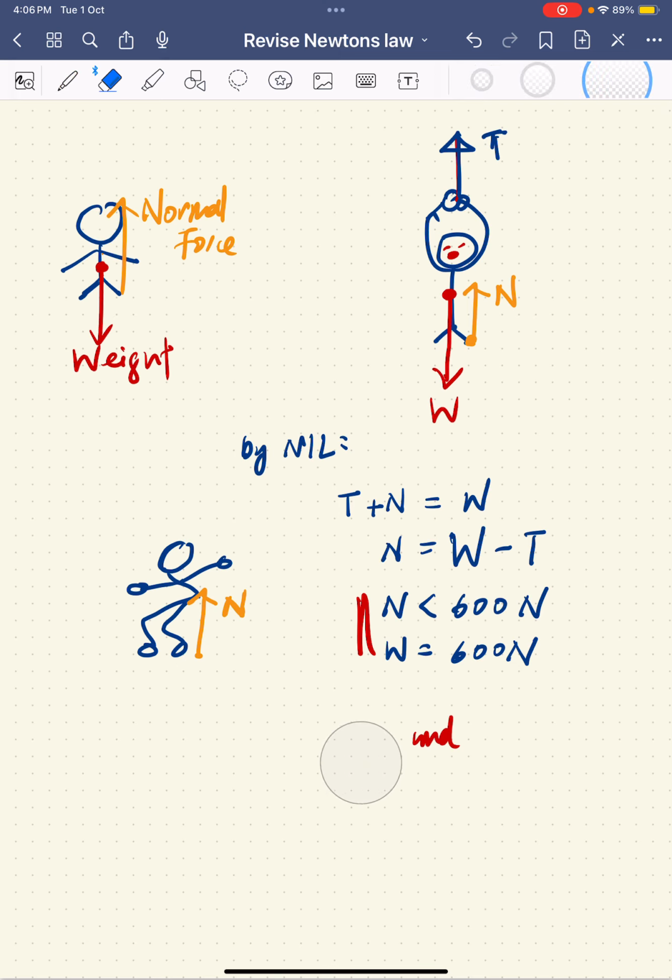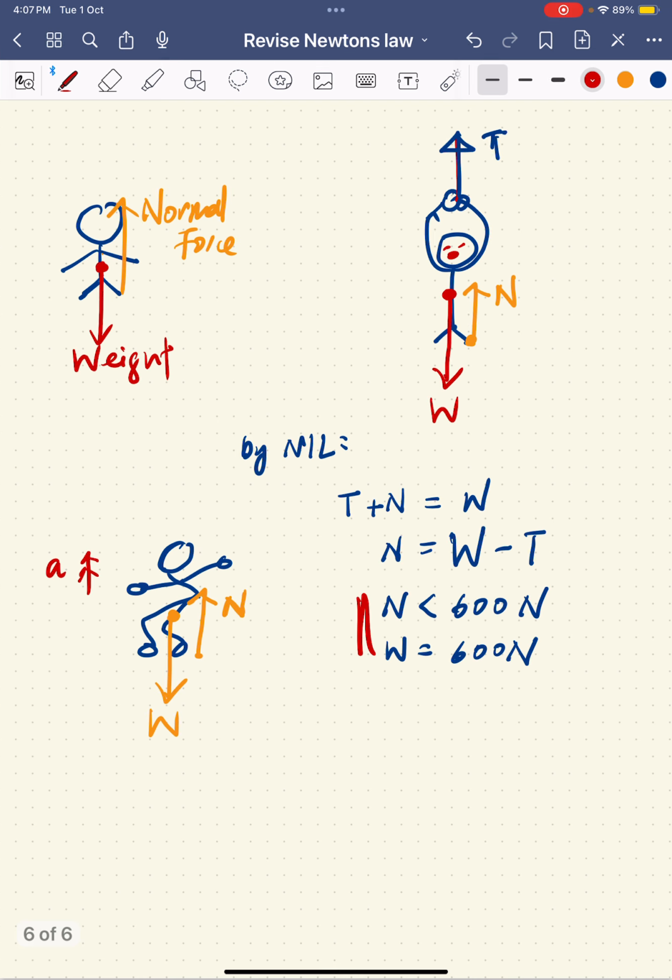Let me erase this so that we focus only on the forces acting on the man. The weight is still downwards, but I have the normal reaction force by the floor on the man upwards. If we manage to jump upwards, it would mean that I have an upwards acceleration.